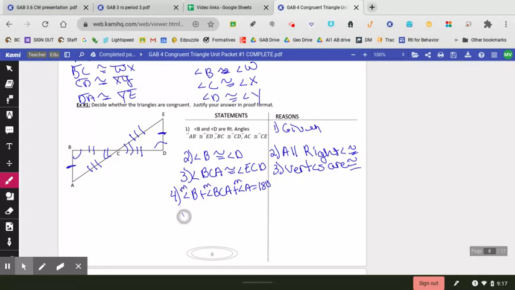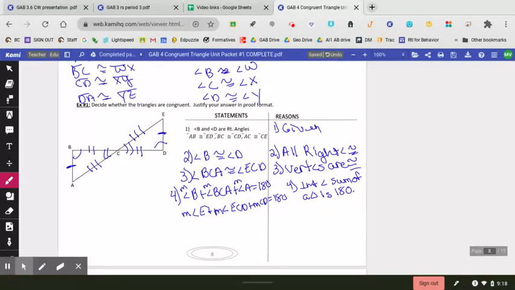And I can also say the measure of angle E plus the measure of angle ECD plus the measure of angle D equals 180. That's because the interior angle sum of a triangle is 180.